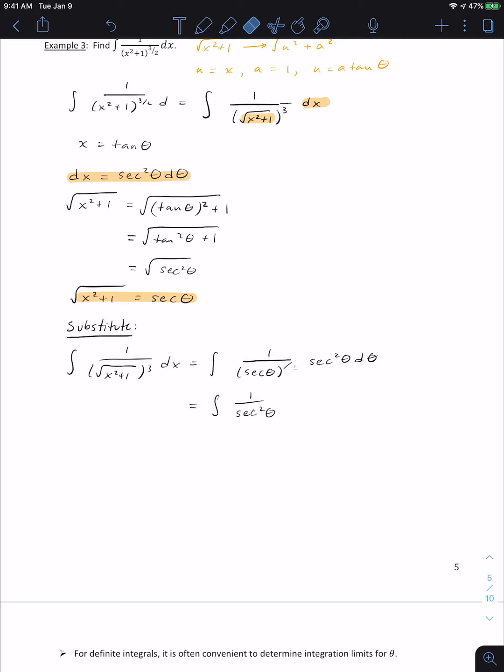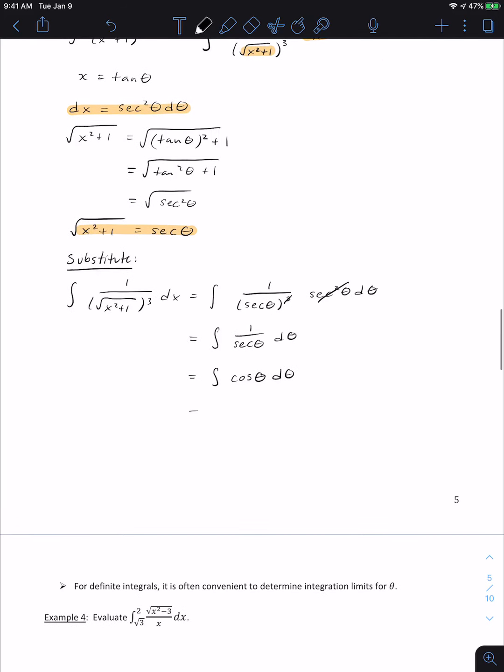So then when I did this canceling, I should get this. It should just be 1 over secant in the denominator, d theta. What's 1 over secant? Secant, remember, is the flip of cosine. So this is just cosine of theta d theta, which is sine theta plus c.